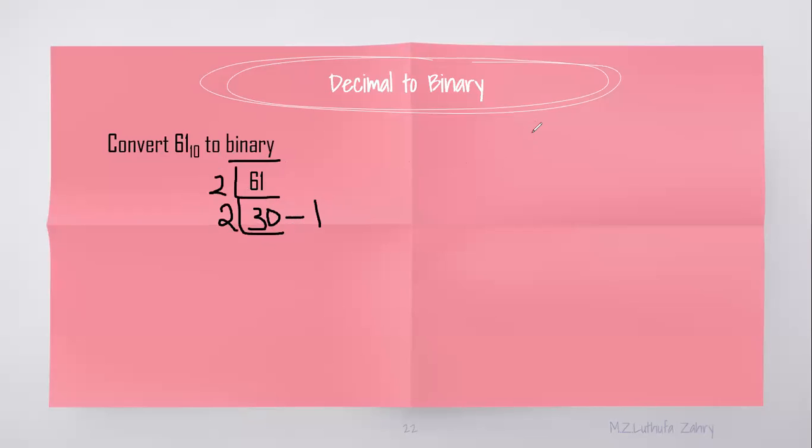If you find it hard, to make it fast you can just divide this way also, get the answer and put the remainder here. So the 1 remainder. Again 15, 2 into 15 is 30, so the remainder will be 0.